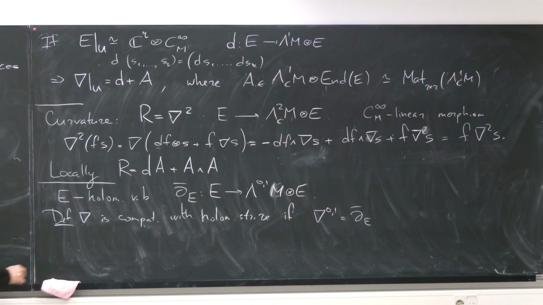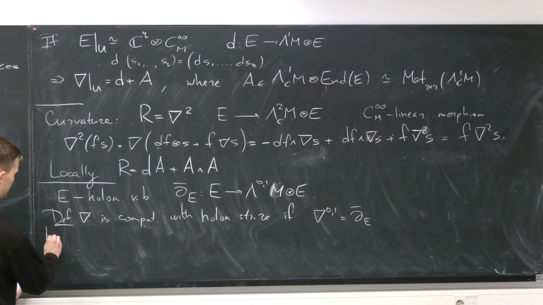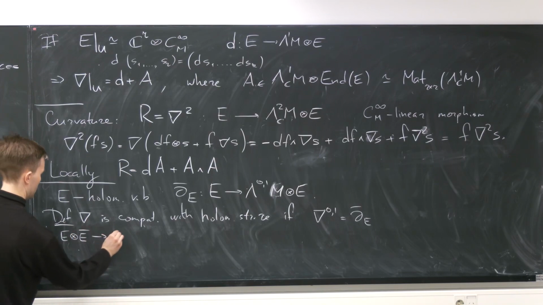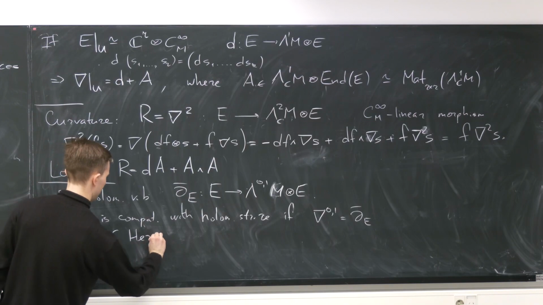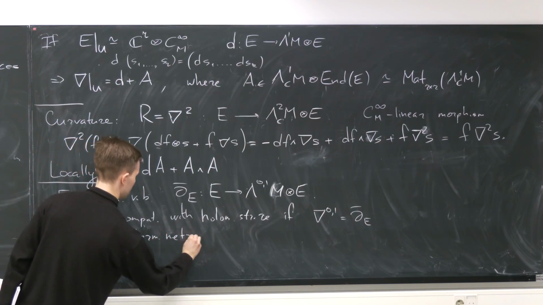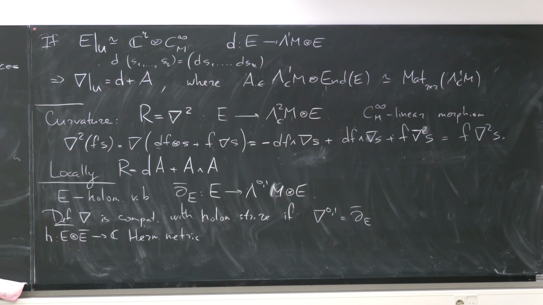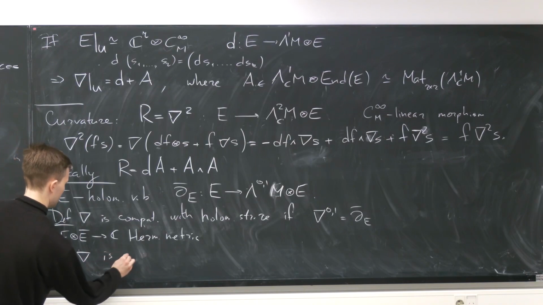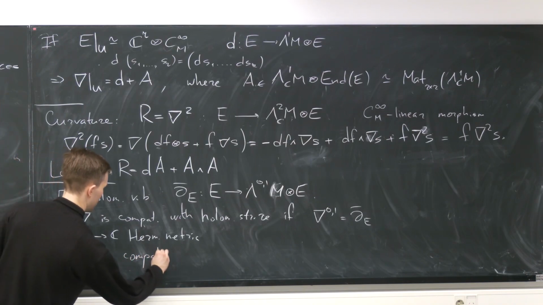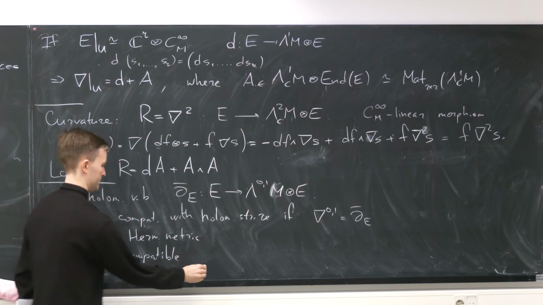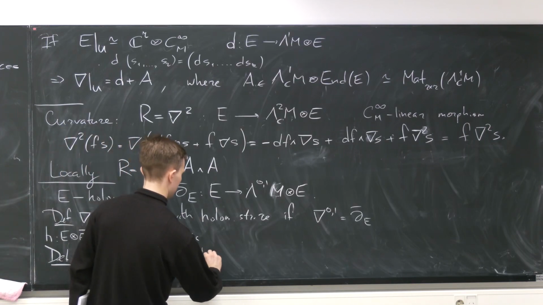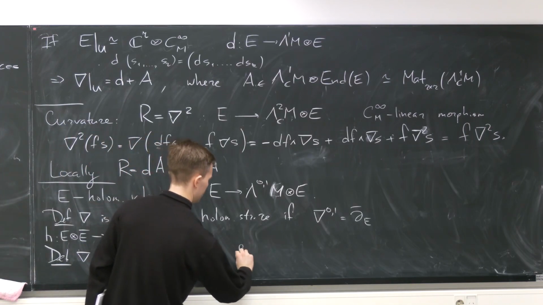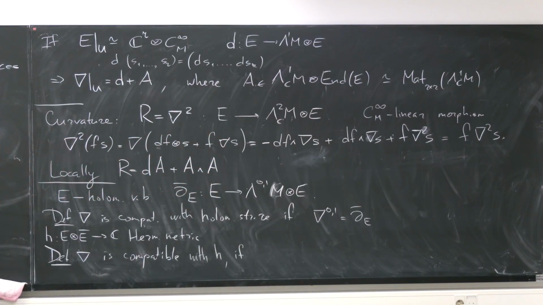And then a Hermitian metric. So if we have now a Hermitian metric, then nabla is compatible with this H if we have the following.